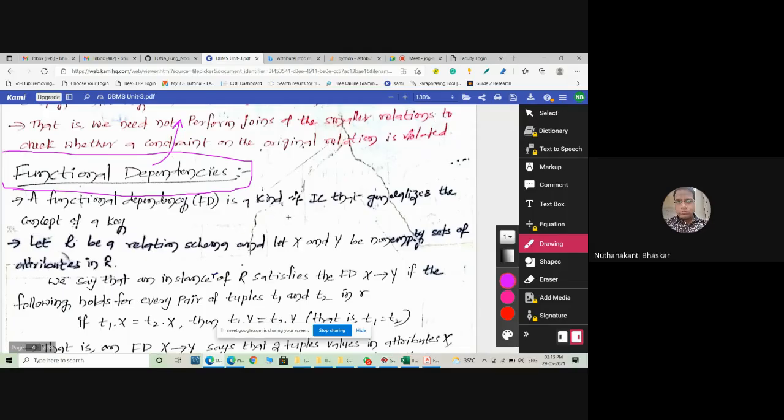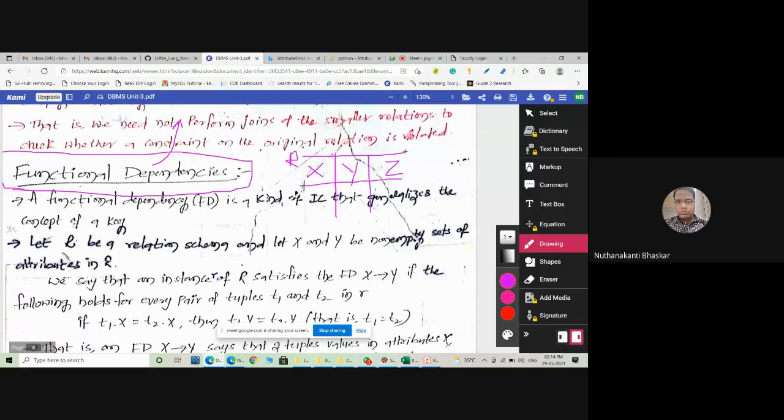For example, relation R is there. Relation R contains X, Y, Z. These are the three attributes.